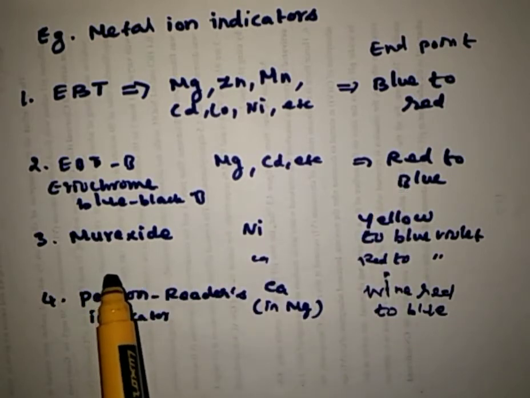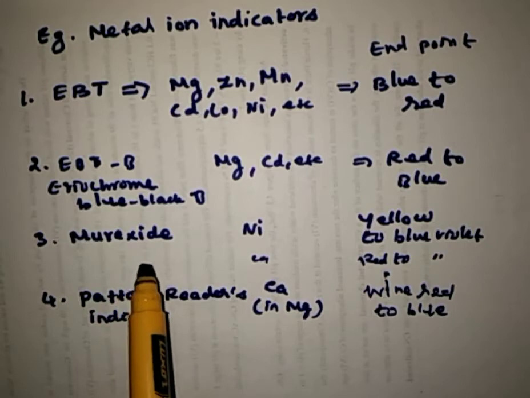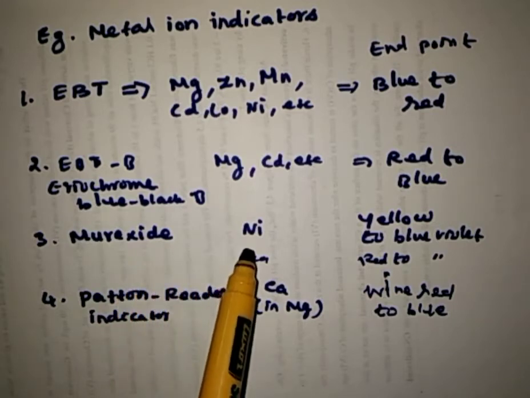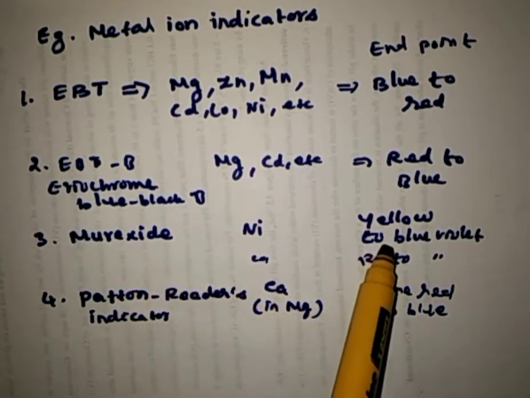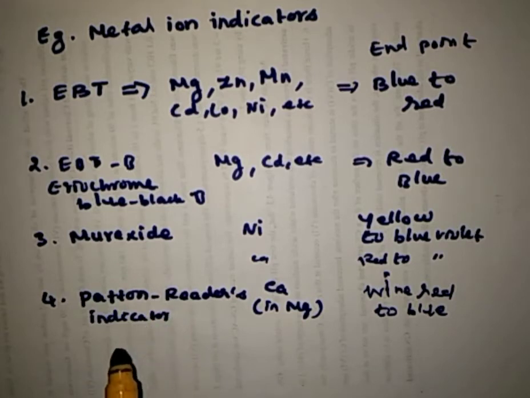If you use murexide as an indicator in complexometric titration, it is used to estimate nickel as well as calcium. The color change is given here. And if you want to estimate calcium in the presence of magnesium, we can use another type of indicator, that is Patton Reeder's indicator. When we use this indicator, it shows the color change from wine red to blue.